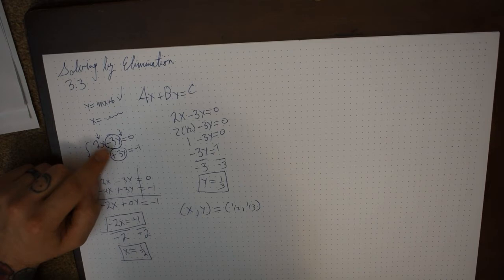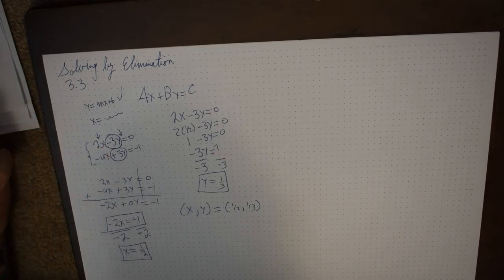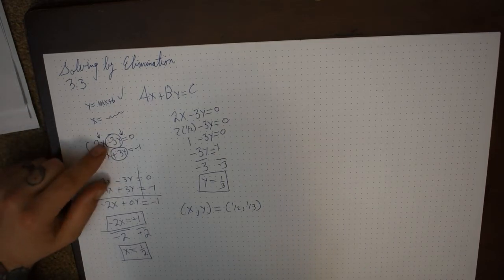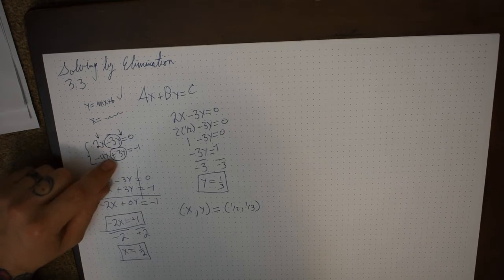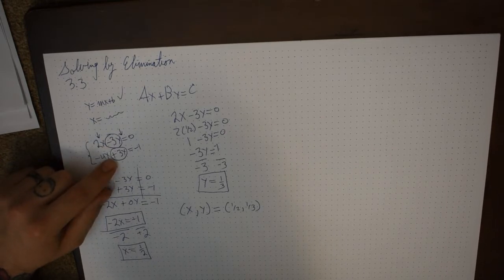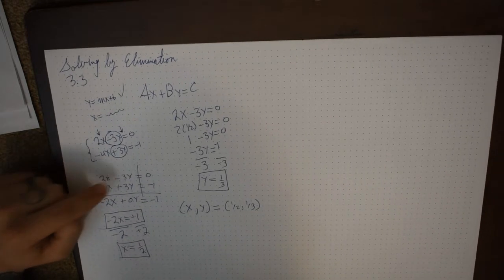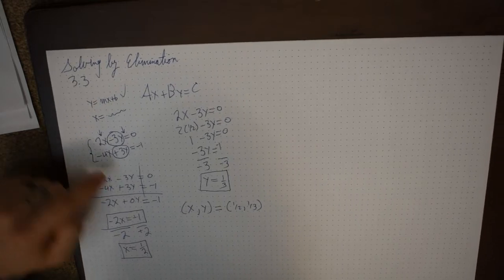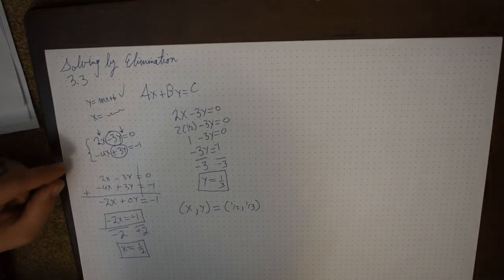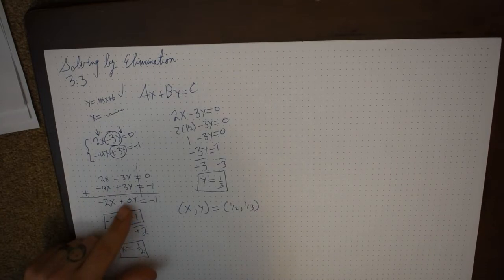You might also be forced to create two variables that have leading coefficients whose numbers are opposites of each other, and then you add both left-hand sides of the equations and both right-hand sides of the equations with the idea that you're going to get rid of one of those variables. This is where the elimination comes in.